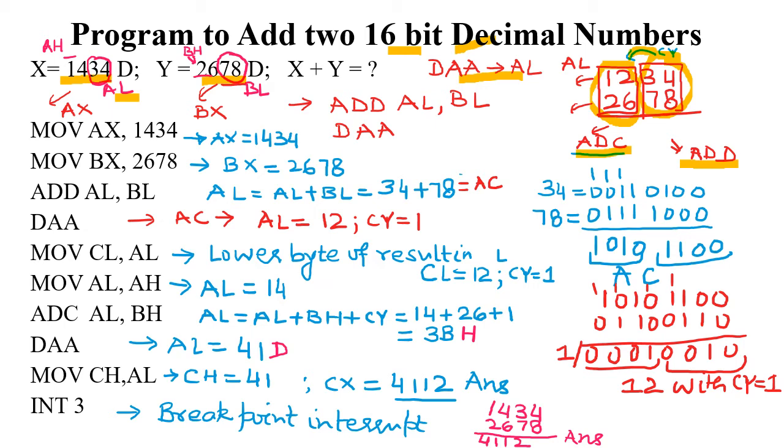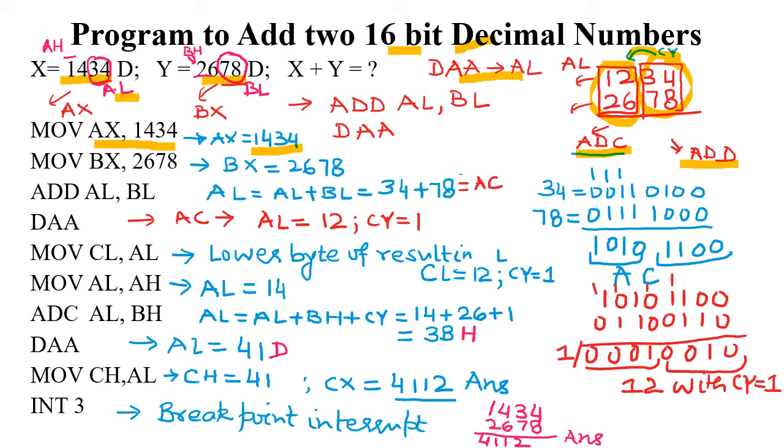And to convert the hexadecimal result to decimal, we have to take the result in AL. So suppose I move this first number in AX. Move AX, 1434. That means AX will be equal to 1434.